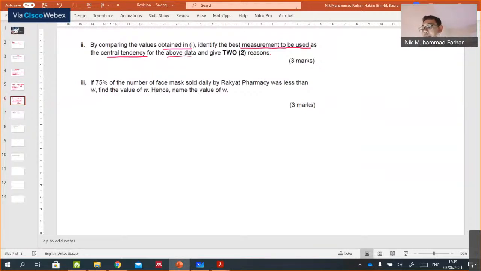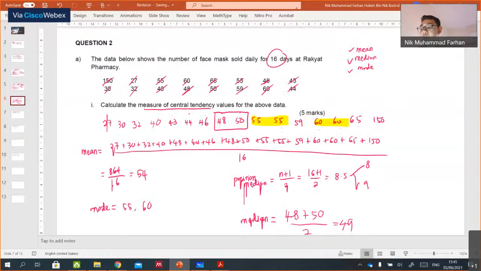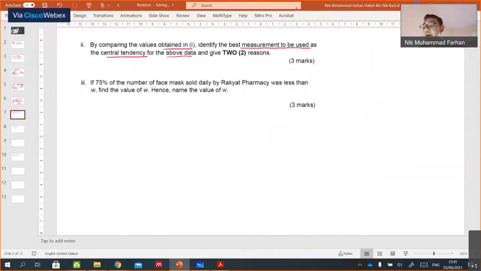Mode is maybe not suitable because there are two values here, right? So the best, maybe you can say, is the mean.